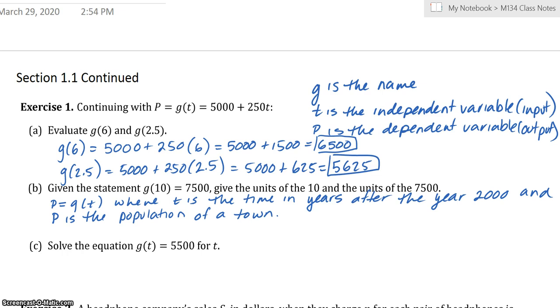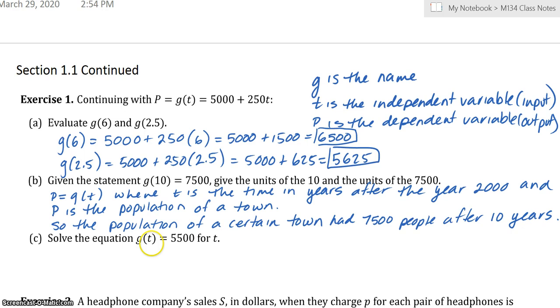So go ahead and see if you can figure out what the units for 10, which one is the 10, and which one is the 7,500. Okay, here's the answer. So we know that the population was 7,500, so the units would be the number of people after 10 years. The units of 10 are in years.